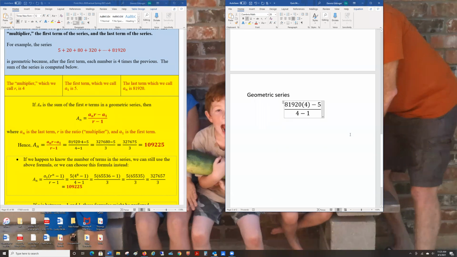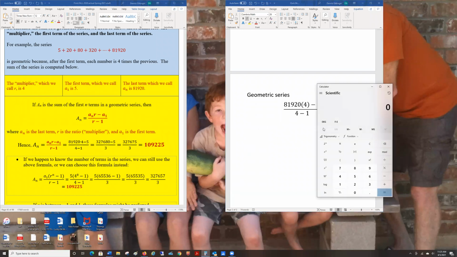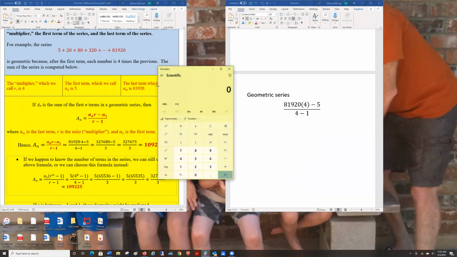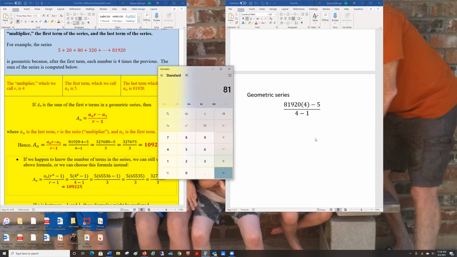All right, so let's get our handy dandy calculators out. Unless you have a scientific calculator like this one, you can work this with a regular calculator. It doesn't look quite so daunting. So 81,920 times 4 equals that.